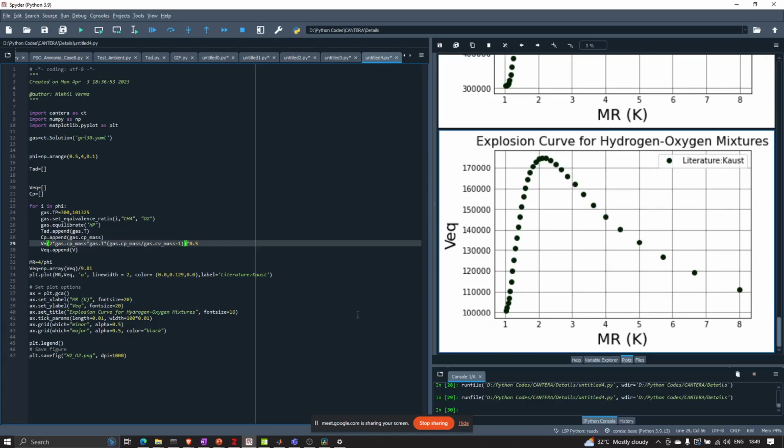One minute. So this is minus T naught. I hope I am using it correctly. So this is T adiabatic. Okay, this must be correct.